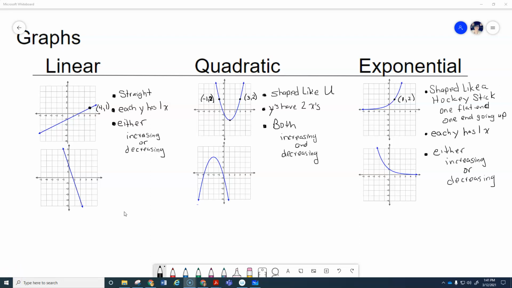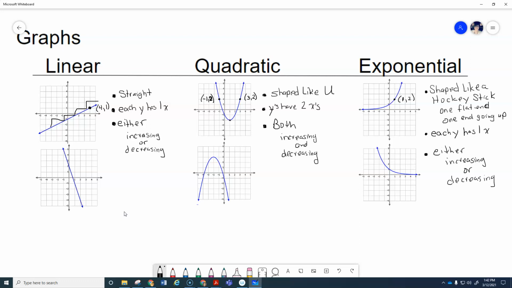Another characteristic that I found to be shared by the linear and the exponential graphs is that they're either going to be increasing over the entire graph, or they're going to be decreasing. This one right here is increasing because as I move to the right, I'm going up, and that's what we consider increasing.